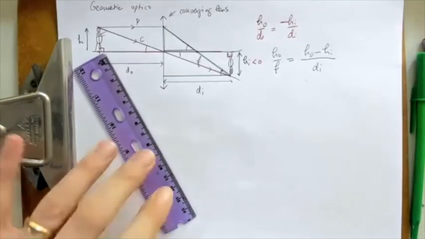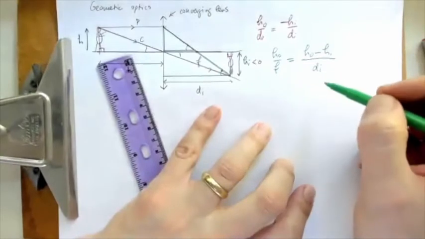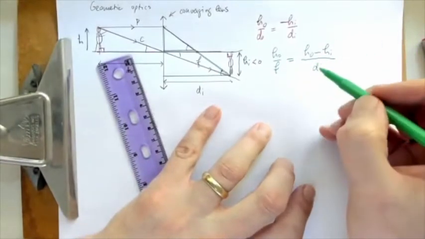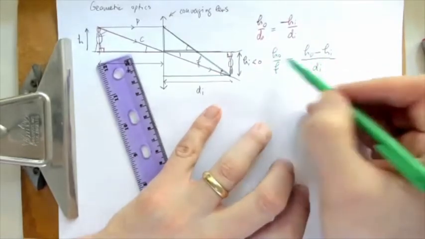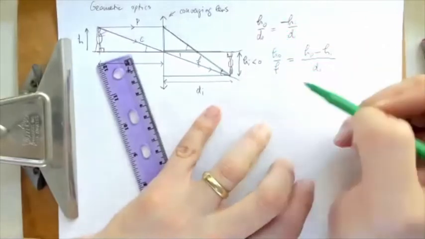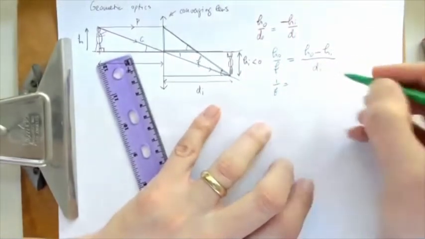We'll combine these two. Now we want to get an equation that only depends on distances. So that means we want to figure out a way to eliminate these h's in favor of d's. So let's do that. I'm going to divide out my ho.